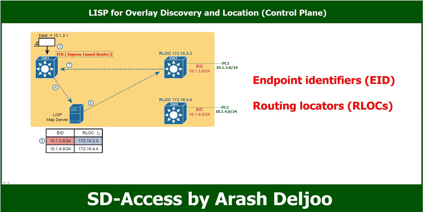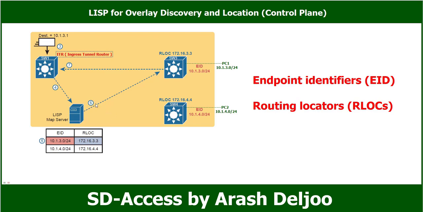Now here we have the mapping table learned before from switch 3. In step 5, okay, this is step 4, this is 5, the LISP map server looks in its database and finds the entry it built back at step 1 in the previous figure, listing switch 3's routing locator of 172.16.3.3.